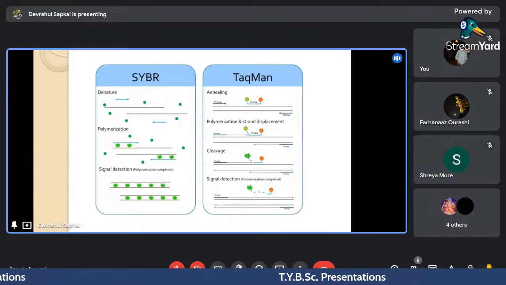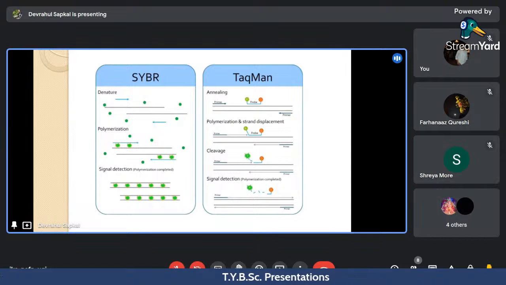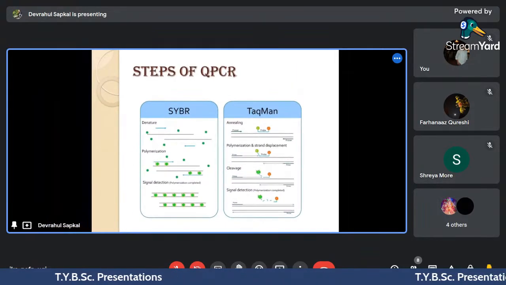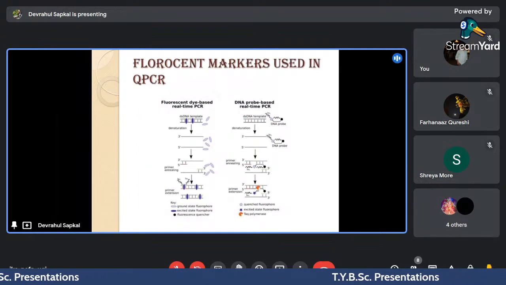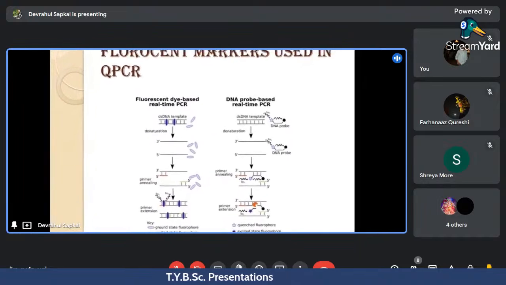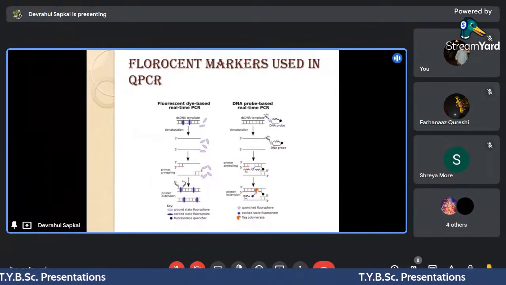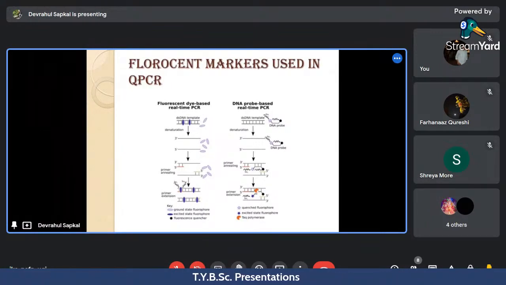The oligonucleotide of the probe has a homologous region with the target gene, and thus, when the target sequence is present in a mixture, it binds with the sample DNA. So these are some fluorescent markers used in quantitative PCR: the fluorescent dye-based real-time PCR is SYBR Green, and the DNA probe that I just explained is TaqMan.